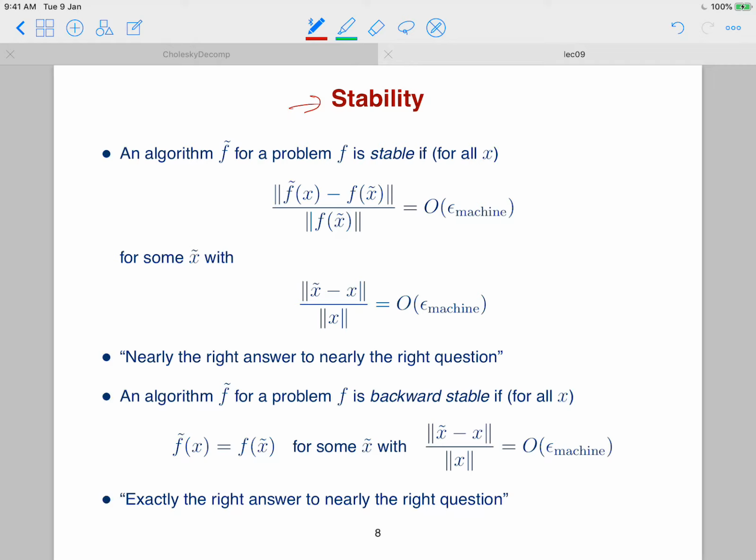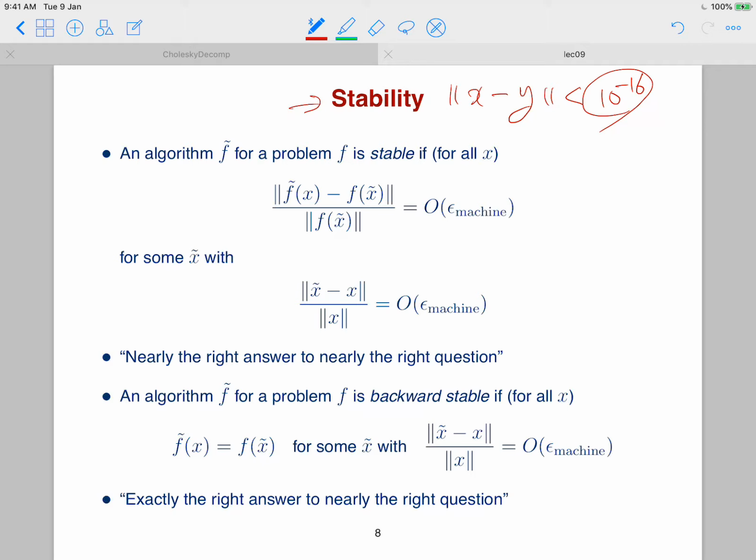So stability means that our machine cannot differentiate between two numbers if their difference is less than maybe 10 to the negative 16, right? In general, this is called the machine precision.